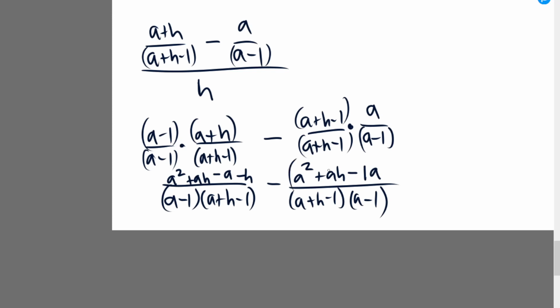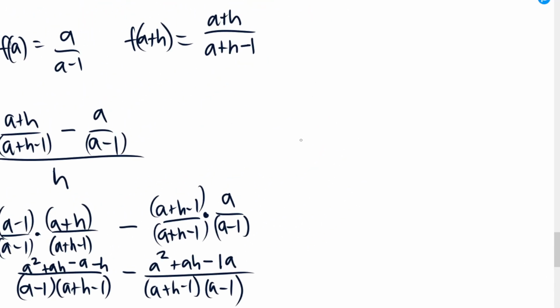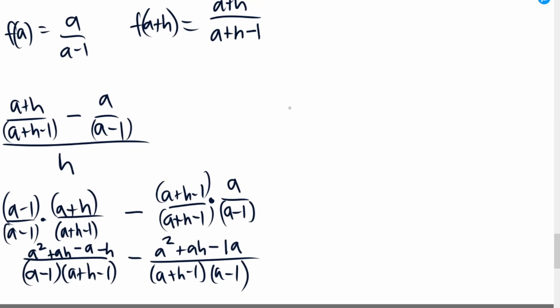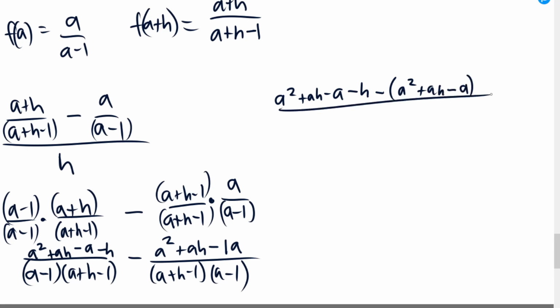Now we can combine like terms, but first let's focus on the top for a minute. So what will happen is we'll have A squared plus AH minus A minus H minus A squared plus AH minus A, all over A plus H minus 1 and A minus 1.